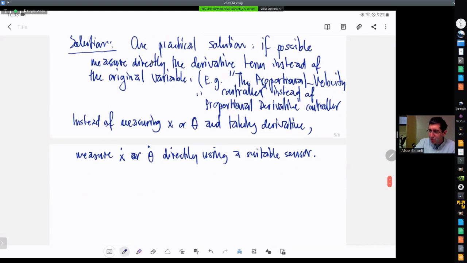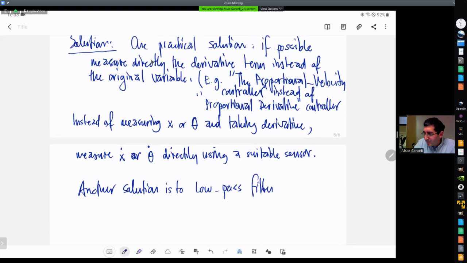There is another solution, and you will see this often again. Another solution is to low pass filter y of t or e of t before feeding it to the derivative action.